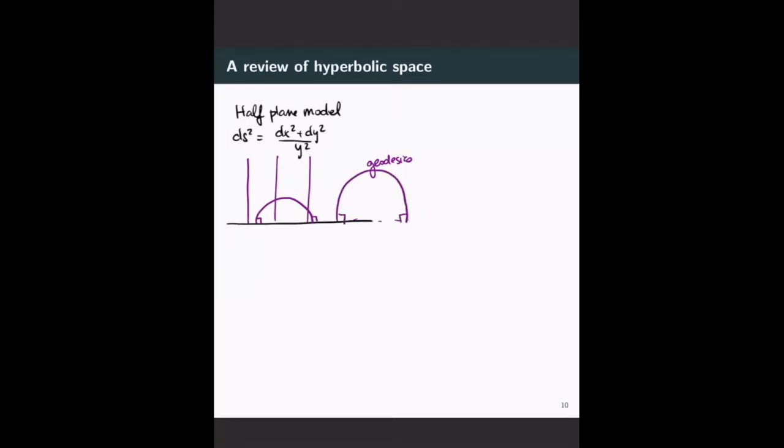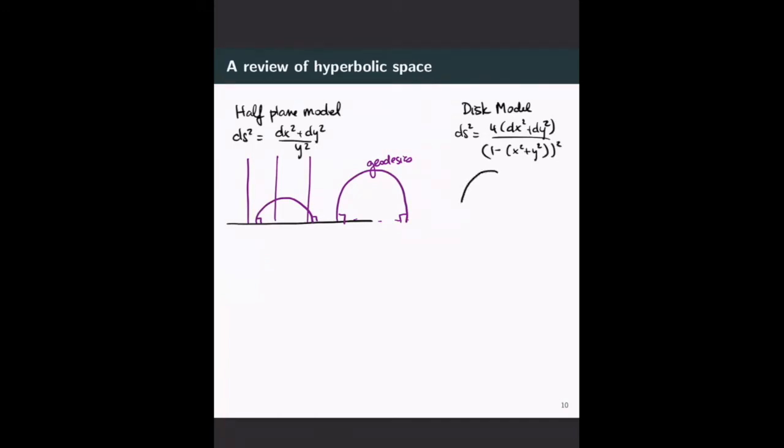You can also have the disk model, which you can send one to the other by an inversion. ds squared is 4 (dx squared plus dy squared) over (1 minus x squared minus y squared), everything squared.